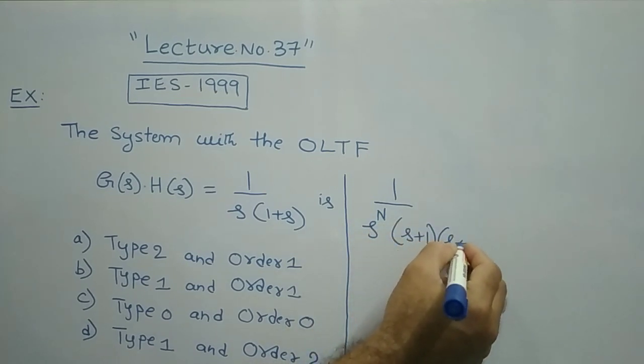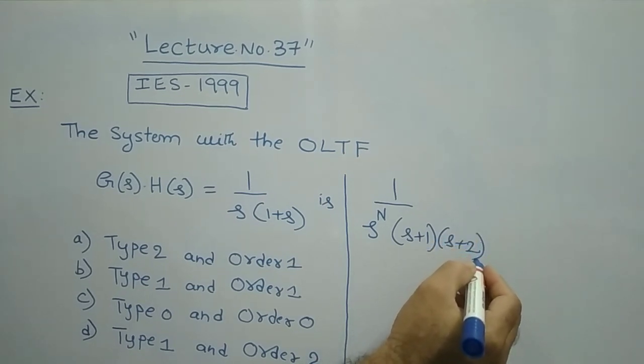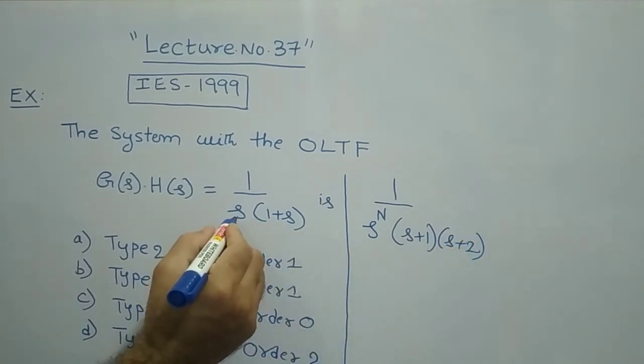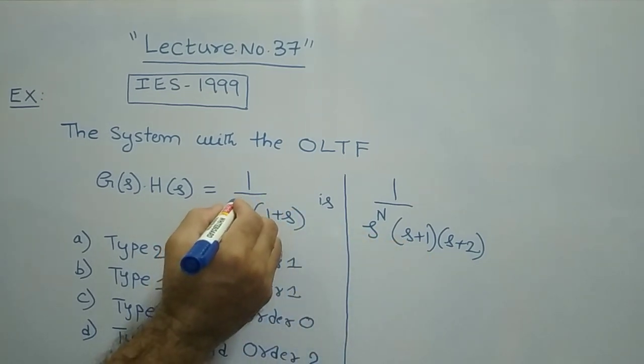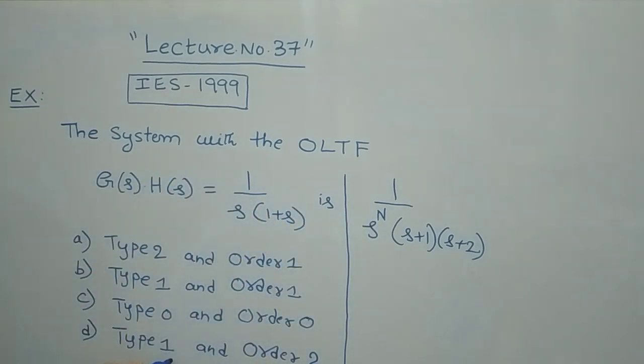Here S is there, so n is 1, therefore it is type 1.